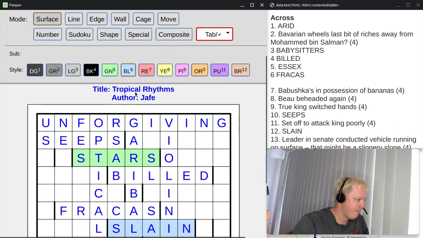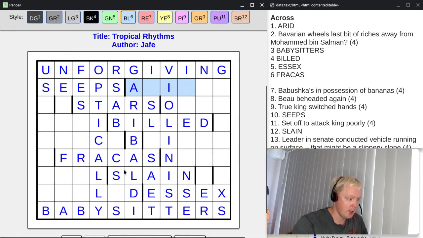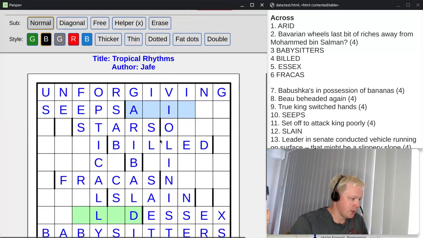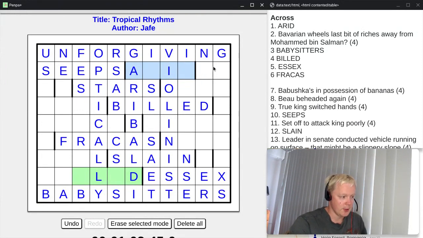I'm going to first mark some. So arid would be here, and then the symmetrical counterpart would be here then. This word. So we would have, let's put some lines in. So this, and again, we don't have words of size 2, so we mark that with these grid lines as well.